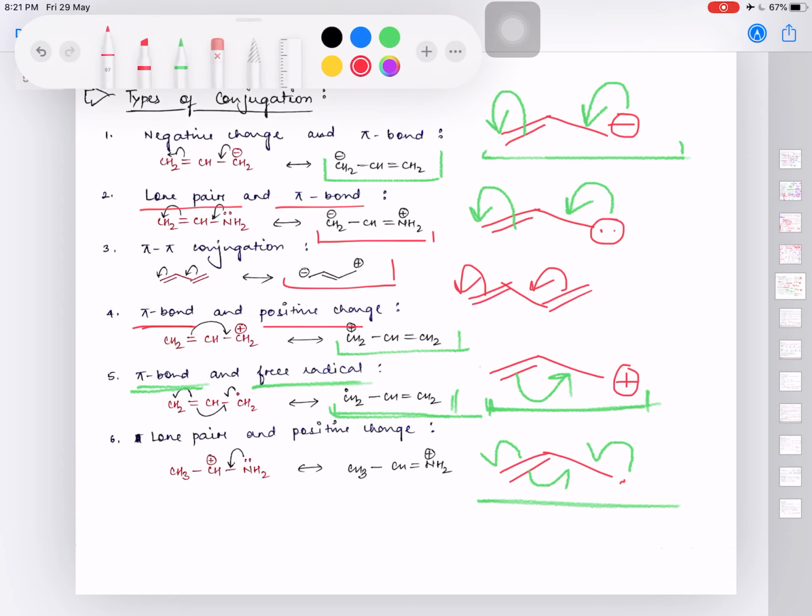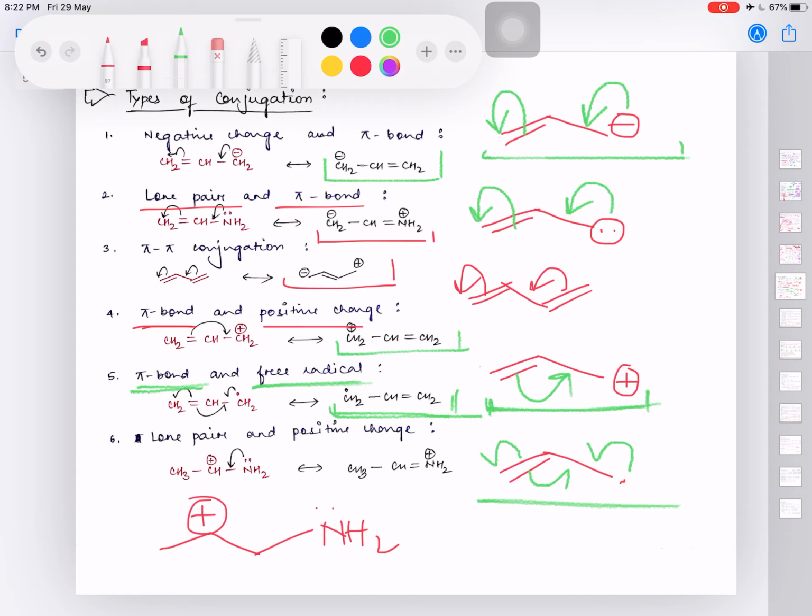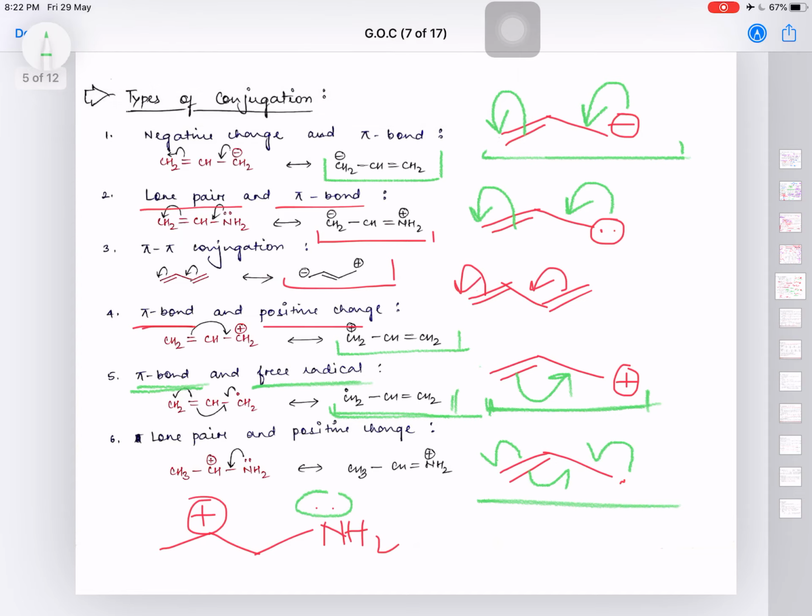And the last type of conjugation is lone pair and positive charge. Say you have this type of system, say any system like this, NH2, where nitrogen has a lone pair and you have a plus charge. Now we know that plus charge is electron deficient and lone pairs are electron rich, so the lone pair will give its electron.